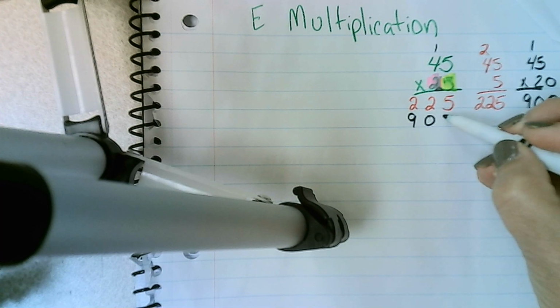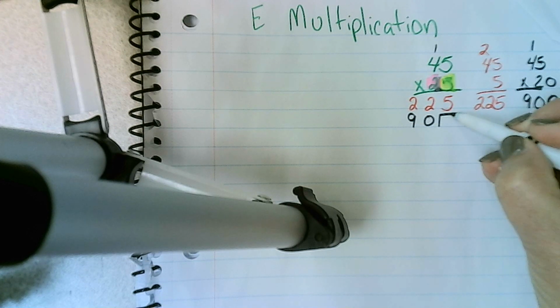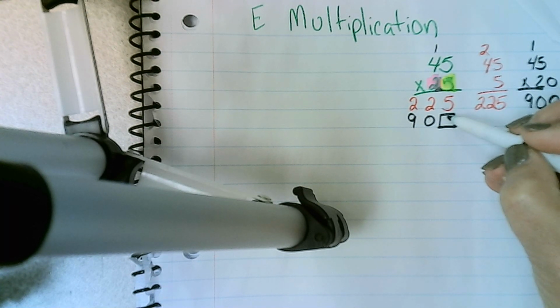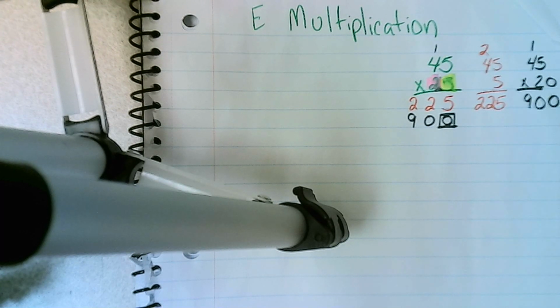Right? And here, since this is actually 20 and it's worth 900, some people call it a space saver. Some people call it a washing machine. Does that look like a front-loading washing machine? I think it does.